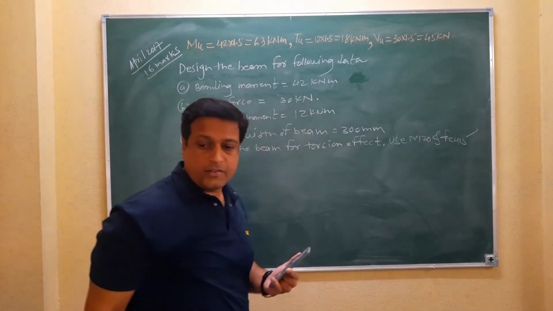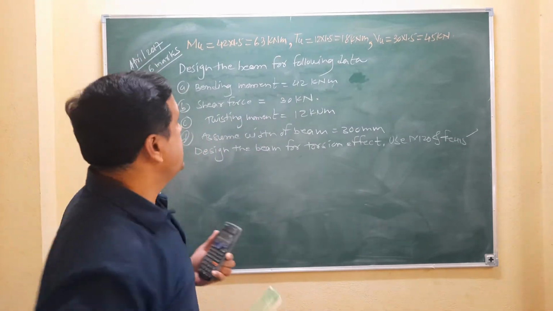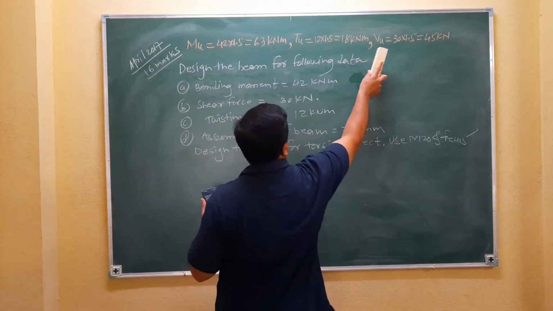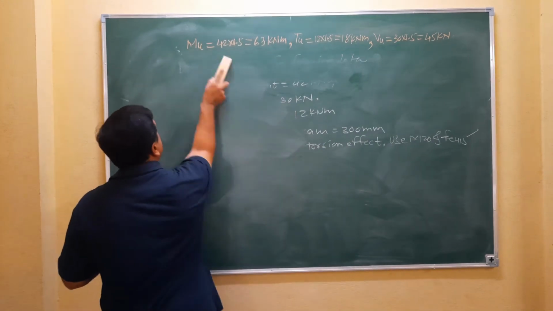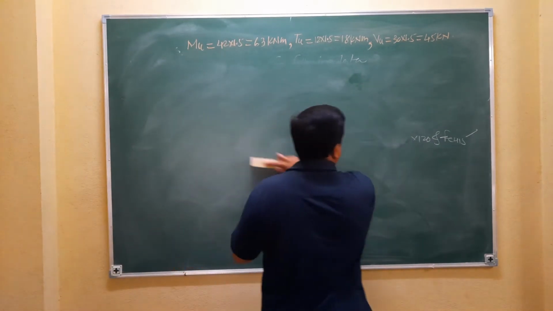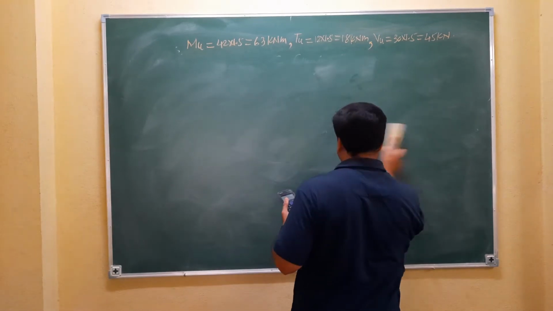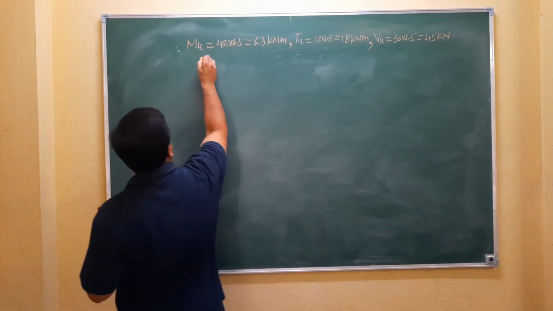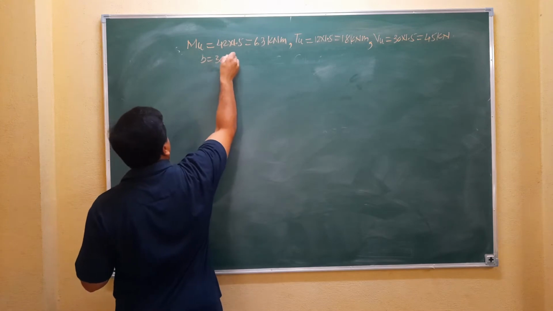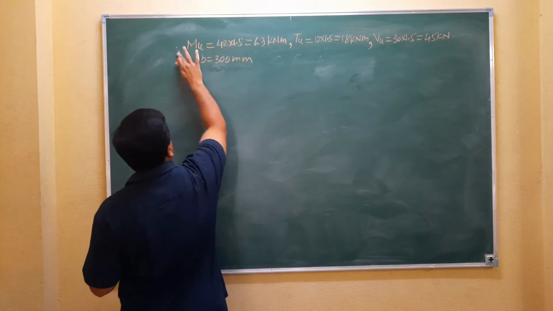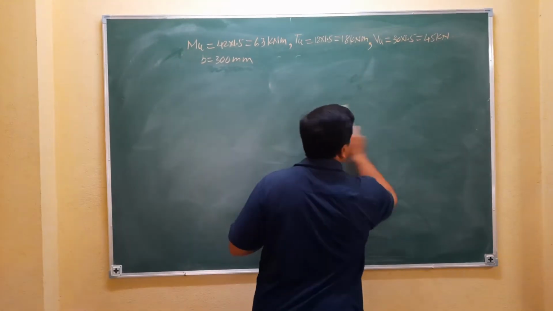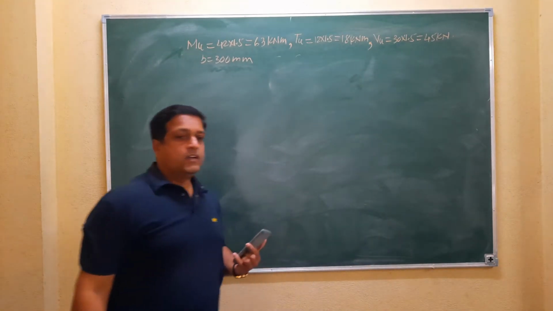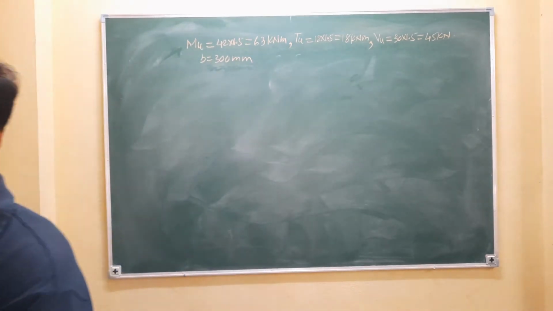So this is the main given data in this question. Width of the section is given, 300 mm. Depth is absent. You have to use the M20 and Fe415 material combination to solve the problem.